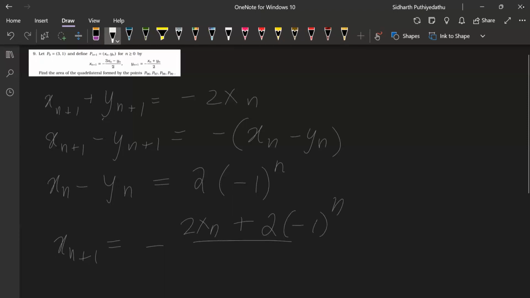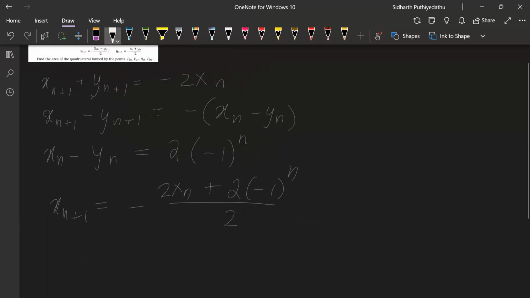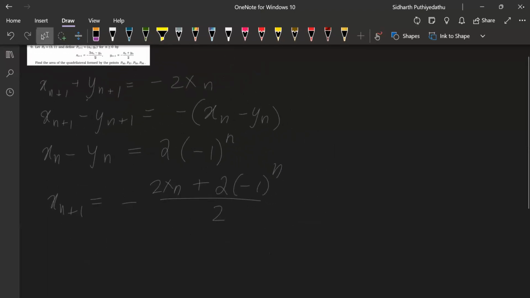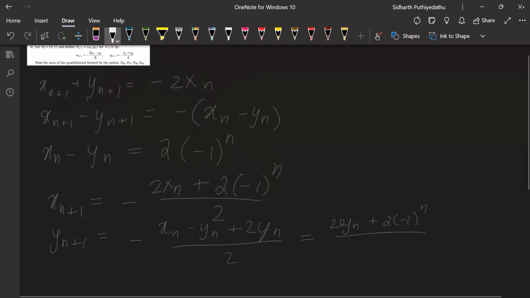But we know what that is: 2 times negative 1 to the n by 2. And y_{n+1} is equal to negative x_n minus y_n plus 2y_n by 2, which is 2y_n plus 2 times negative 1 to the n by 2.